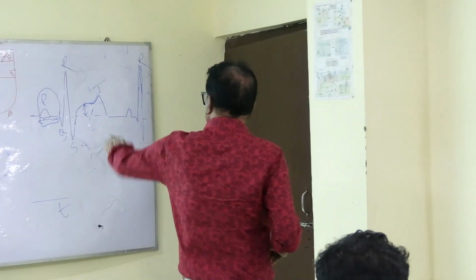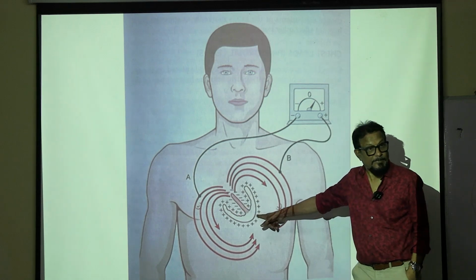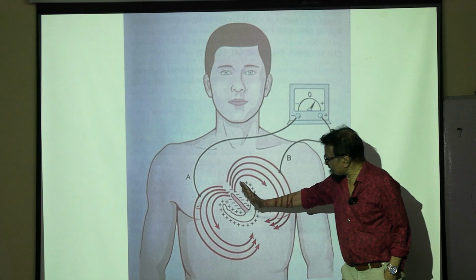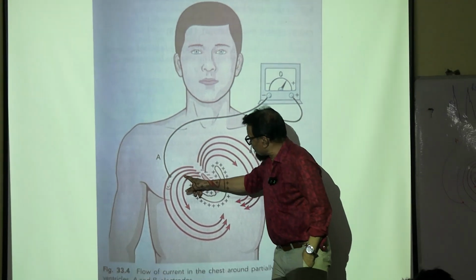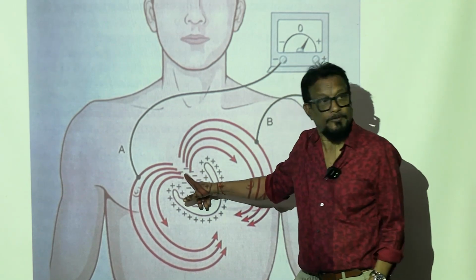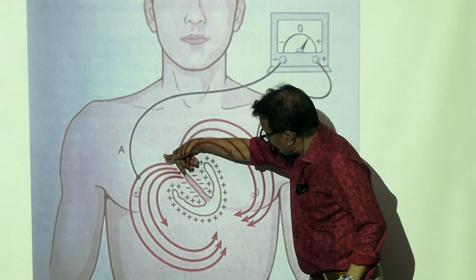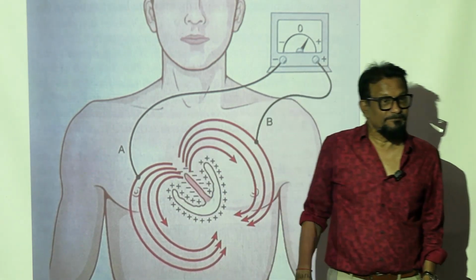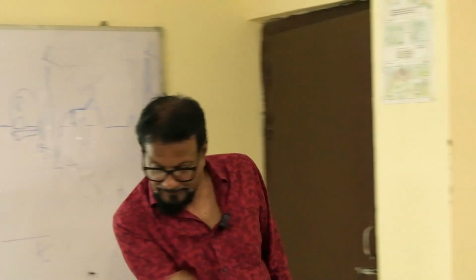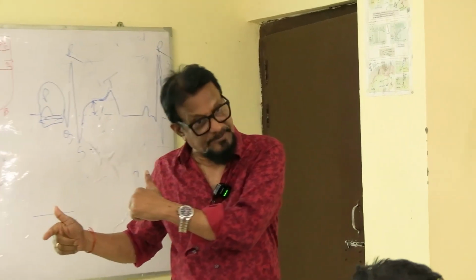First, go through this. This is the interventricular septum, the ventricular wall. From the SA node, the impulse came to the AV node. From the AV node, it enters the septum first. Now, when the impulse is coming, it is forming depolarization waves.